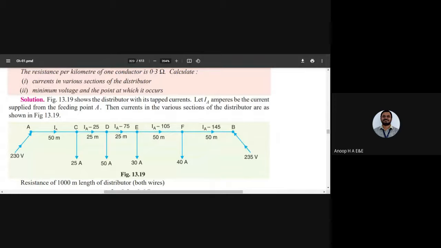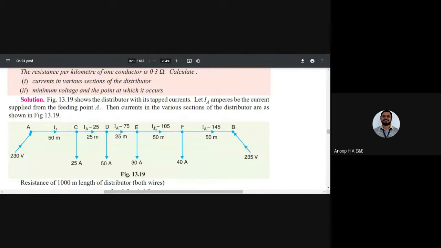So that is unequal voltages. So how shall I solve this problem once I have the unequal voltages? You are going to take the difference of voltages and the voltage drop across the entire distributor length. That is what we are going to do here.